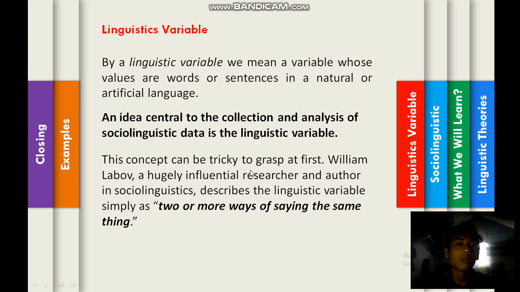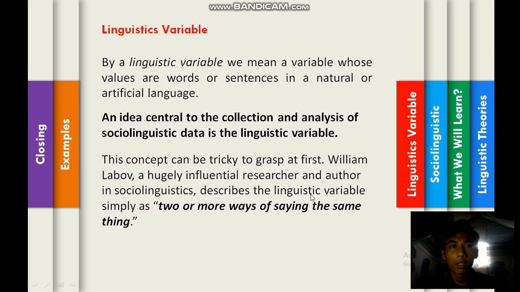The concept can be tricky to grasp at first. William Labov, a Harvard researcher and author on sociolinguistics, described the linguistic variable simply as two or more ways of saying the same thing.